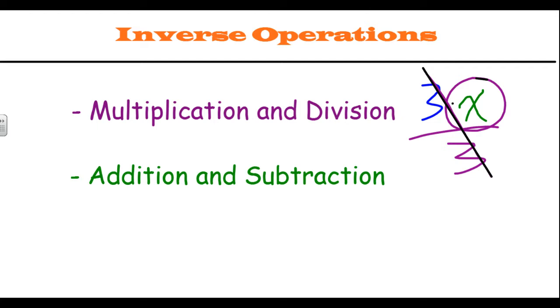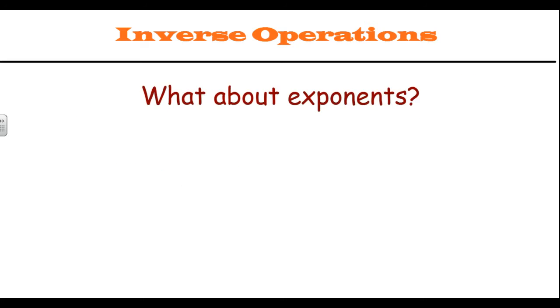And if we can use inverse operations with things like addition and subtraction and multiplication and division, a natural question would be, since multiplication is repeated addition and exponents are repeated multiplication, can we use an inverse operation when it comes to exponents? And so I want to take a quick example to remind you what exactly an exponent is, particularly the exponent 2 and squared.